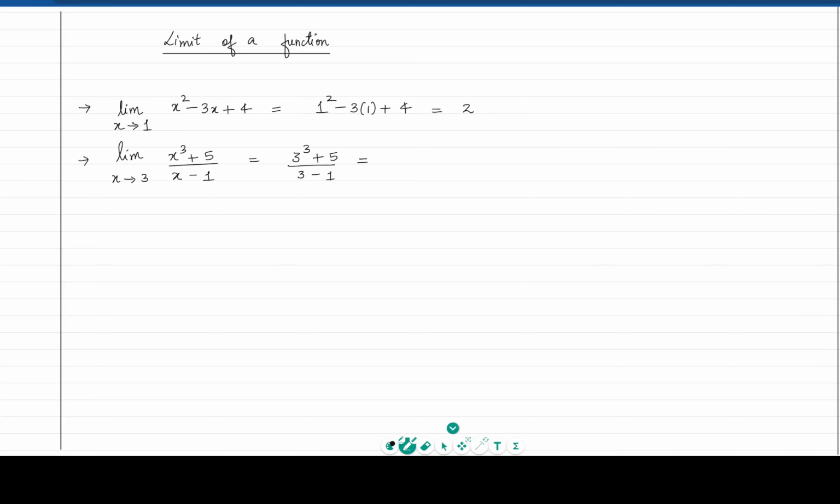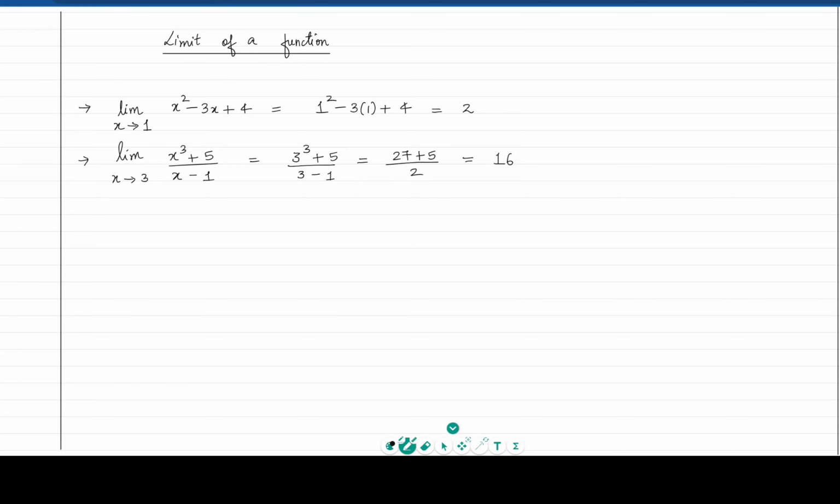One thing you should observe is that the moment I substituted x as 3, I have not written this limit x is approaching 3 part. So the moment you apply the limit, you should drop that limit x approaching 3 part. So here you will get 3 cube as 27 plus 5 divided by 2. We know that 27 plus 5 is 32 and 32 divided by 2 is 16.